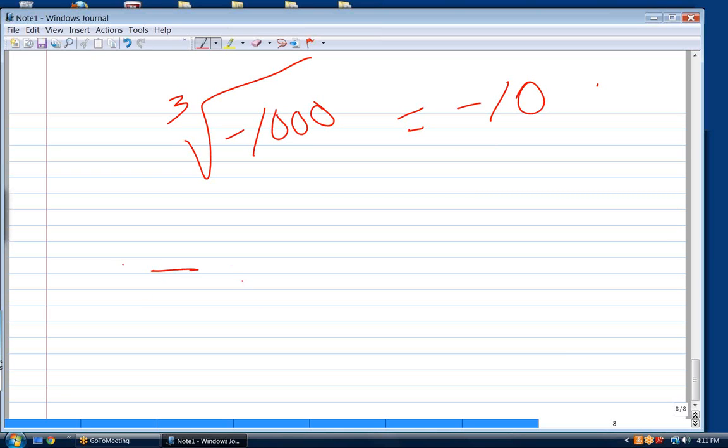Now, what about this one? Oh, okay. Now know that when they ask you questions like this, the answer is going to be a whole number. It's not going to be irrational. So the whole number is either going to be 2 or 3, right? Not going to be 4. We know that 4 cubed is 64, so the 6th root of 64 is certainly not going to be 4.